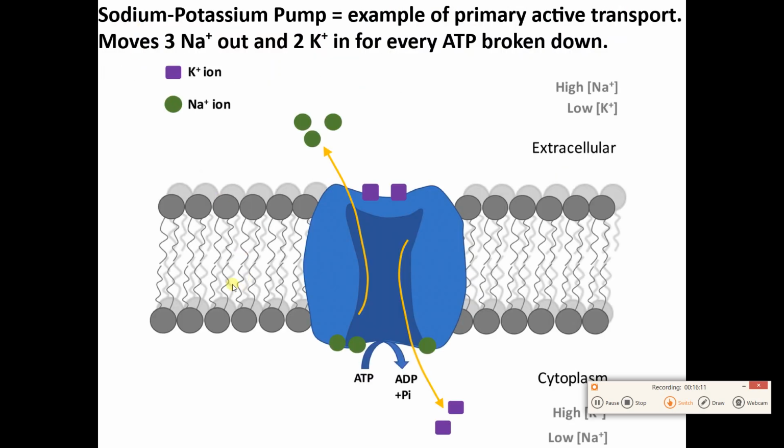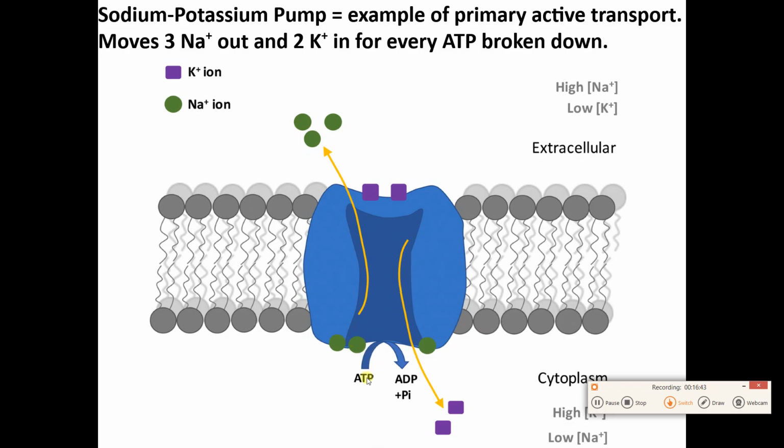Now, a great example of primary active transport in your cells is this protein in your cell membrane. It's called the sodium-potassium pump. It is ubiquitous in your body. Pretty much all your cells have sodium-potassium pumps. Roughly 40% of your calories from food, your energy from food, go towards powering the sodium-potassium pump.